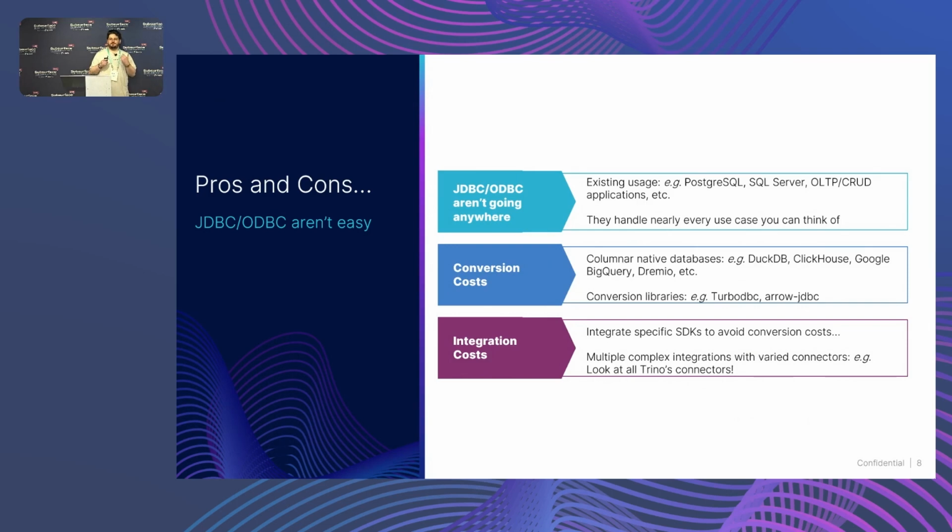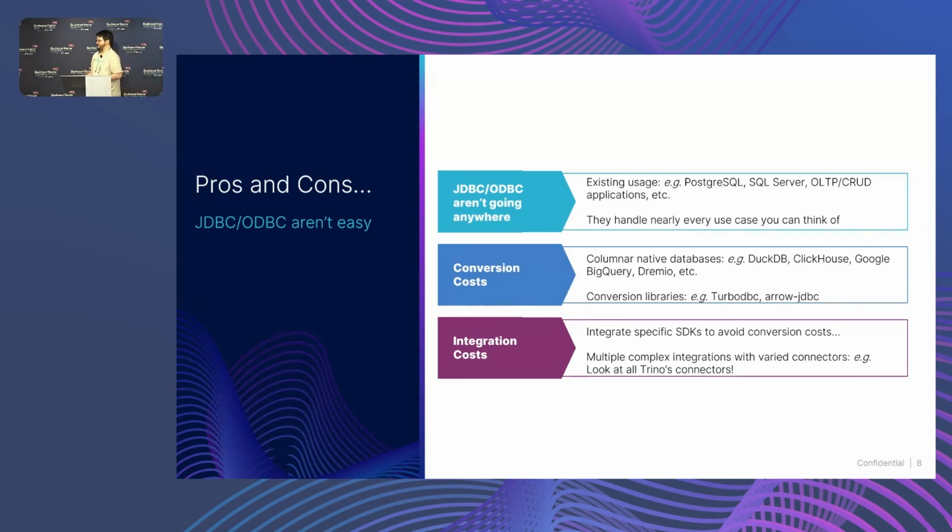If you're using JDBC and ODBC, probably to access, say, Postgres or SQL Server or what have you, it's not the easiest thing to switch away from that because that's what a lot of your clients are probably expecting. And so you end up with that conversion I just mentioned, where you're converting those column-oriented native databases into a row-based infrastructure or representation of the data and paying that cost.